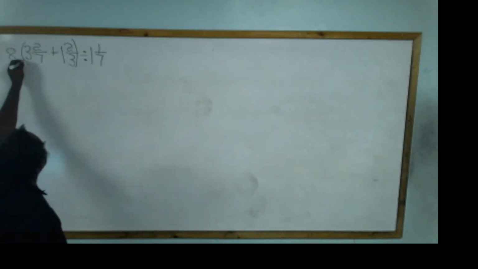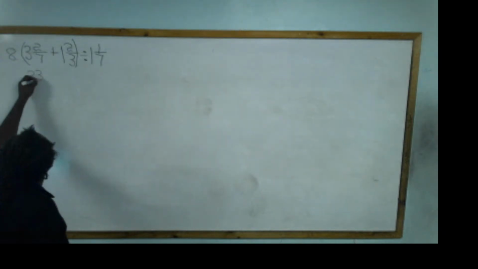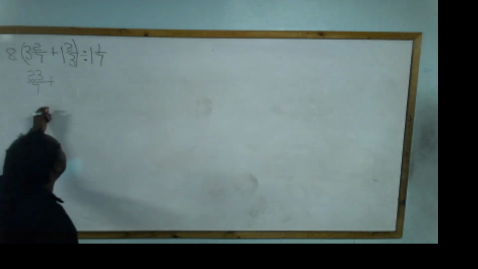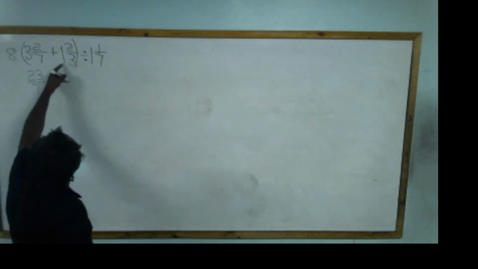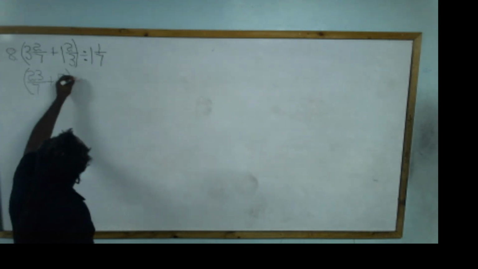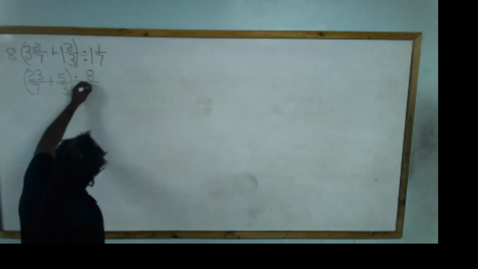So let's go. This is going to be 23 over 7 plus 5 over 3, to be divided by 8 over 7.